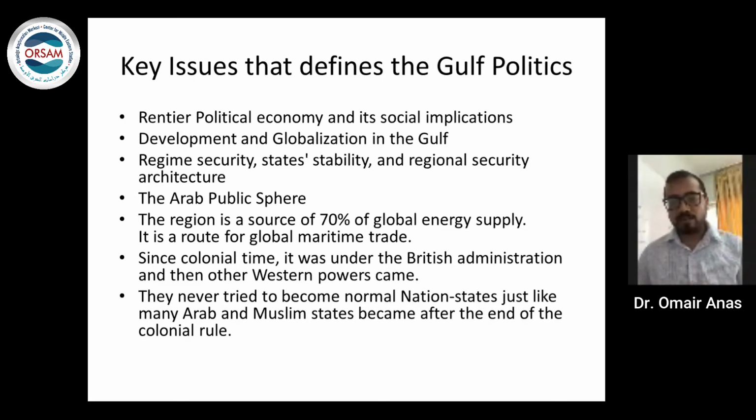Like the first promise they made, that they will give them jobs, they will give them all the financial resources to build their houses, hospitals, roads, and everything. And also they promised one thing, that they will respect Islam, and they will be an Islamic society, and they will implement all the teachings of Islamic Sharia.